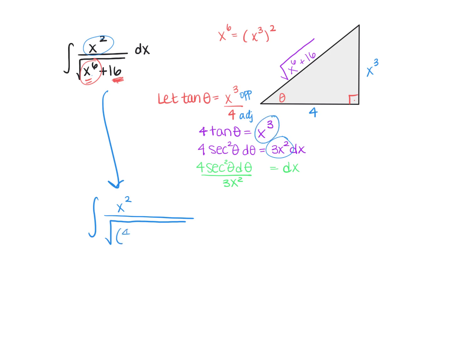So this would be the 4 tangent of theta squared plus that 16. Right? Because if x cubed is 4 tangent theta, that means 4 tangent theta quantity squared is x to the sixth, because you can square both sides. And then times dx, which I have in green above here.